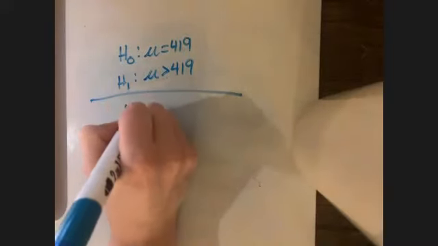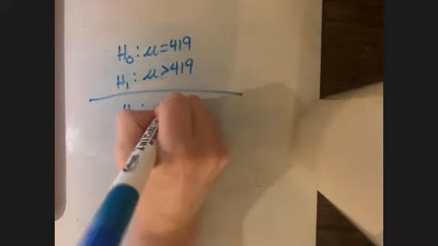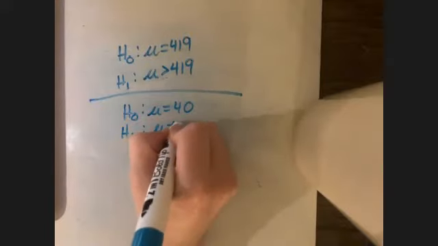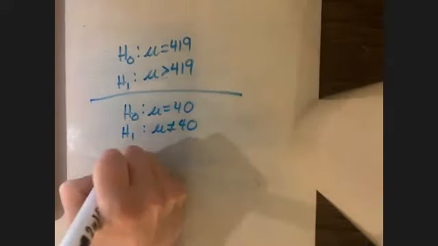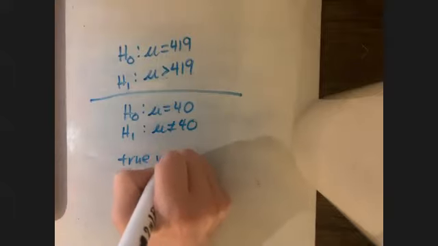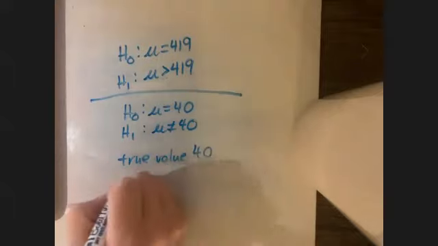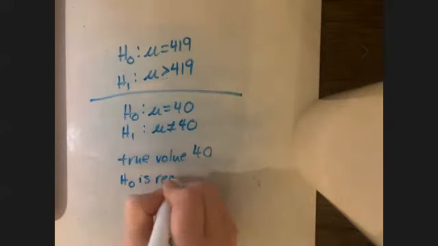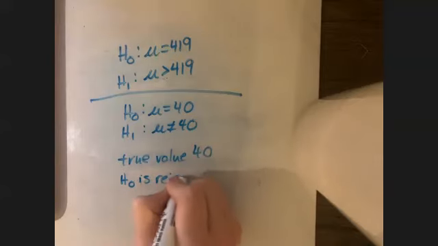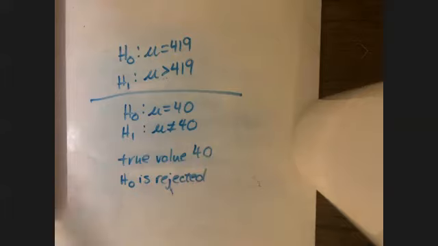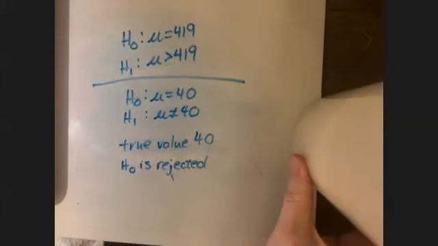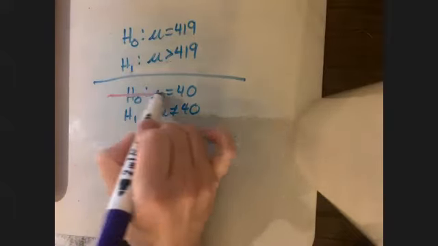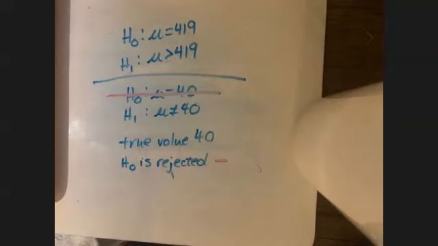I'm just going to write down what we had. Now the true value is 40. Let me try this with a little bit different notation. I'm going to bring this down. If H naught is rejected, it's gone. That is your decision.